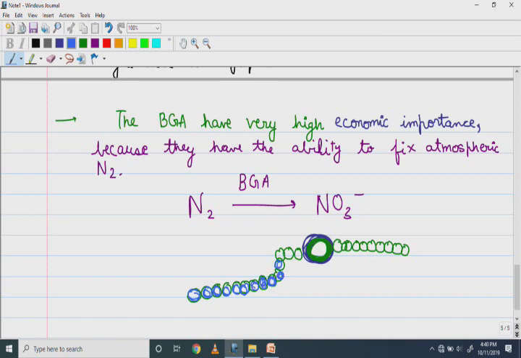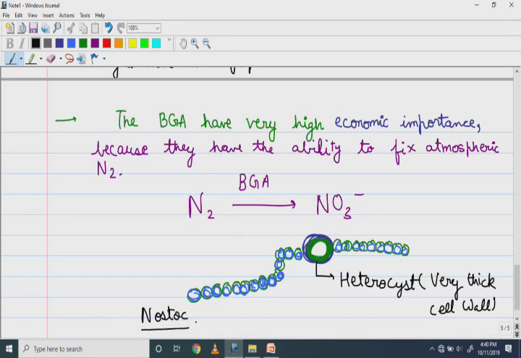So I'm just coloring it like this, for the blue-green color. This cell is called heterocyst. The heterocyst has a very thick cell wall, and these thick-walled cells are specially suited to fix nitrogen. This is a filament of nostoc.